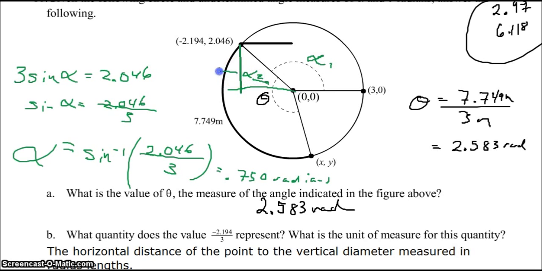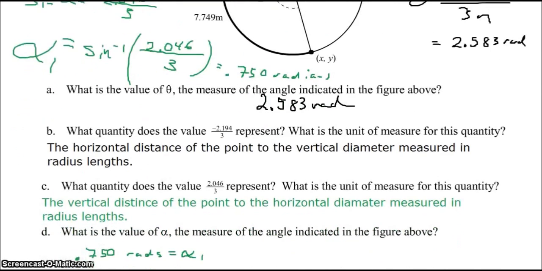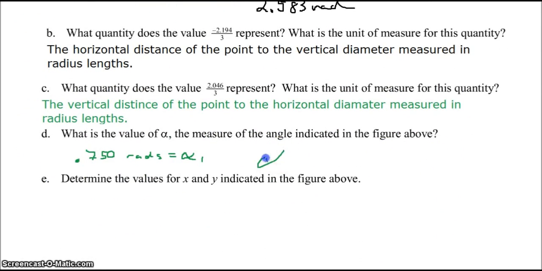I think they're calling this alpha 2 because they're saying that's pi minus 0.750, which is 2.391 radians. So this was alpha 1, and they say that's alpha. I don't know what they're doing in this book. So alpha 2 is 2.391 radians. I don't know which one of those is your real alpha.